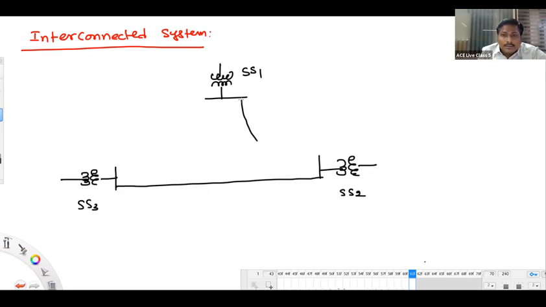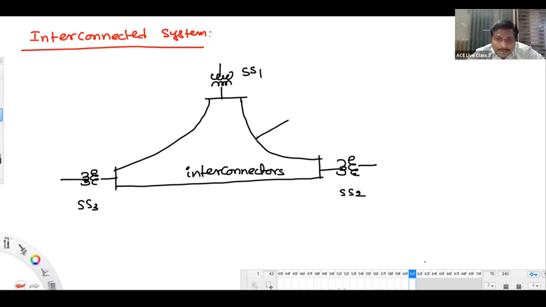These wires you call as interconnectors. From these interconnectors, we get a number of distribution transformers connected like this.